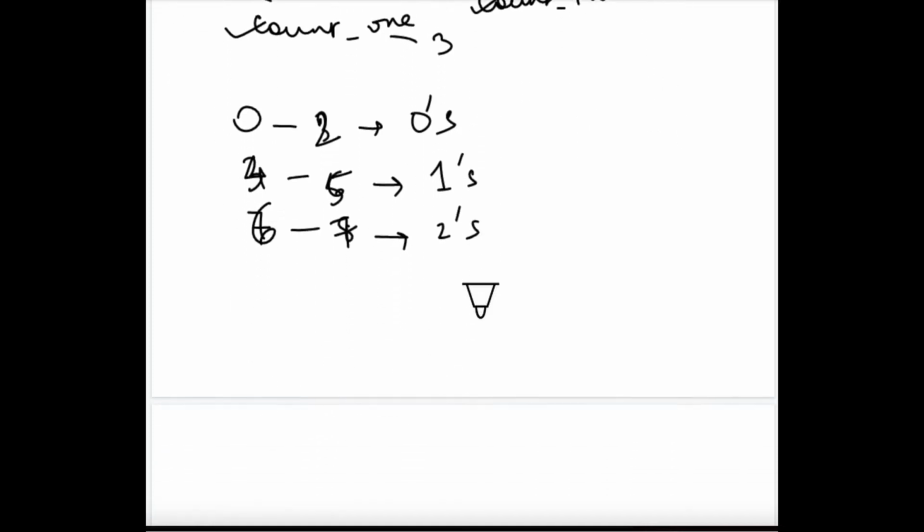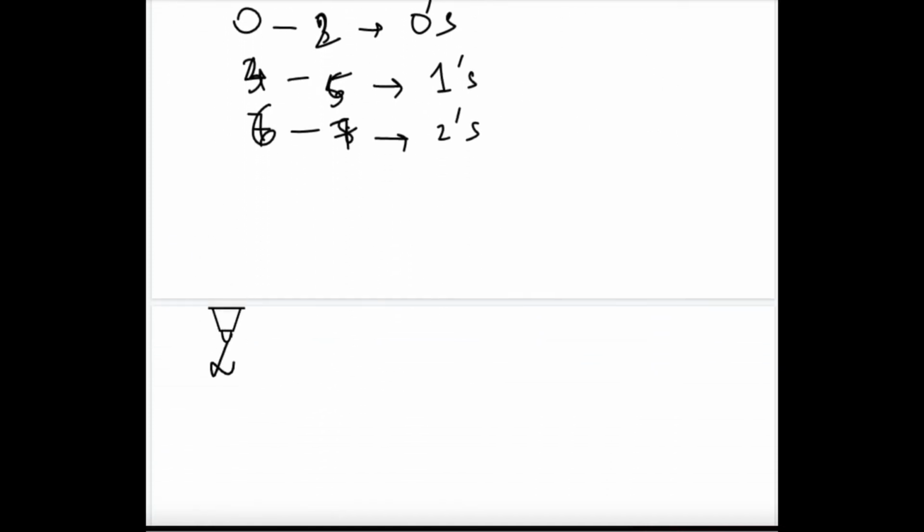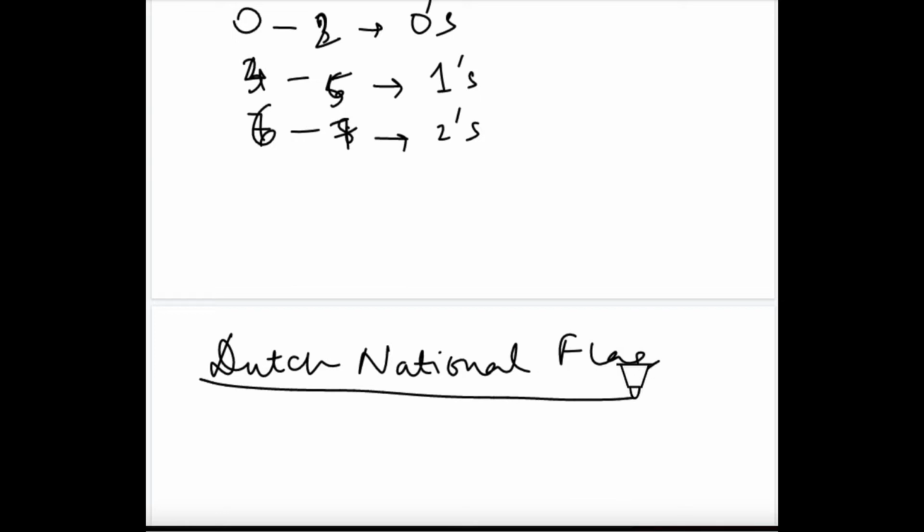Next, coming to the actual algorithm that we want to learn, that is called the Dutch national flag algorithm. Why is it named so? Because the flag of that country has three different colors. This was given by some scientist, I'm not able to recall the name.